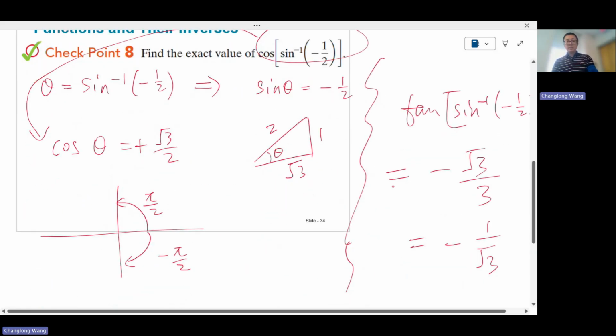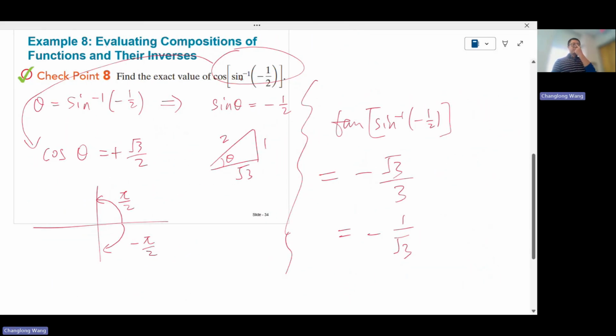But sometimes you might have to deal with something very similar, but you have sine inverse of a negative thing. So everything works out the same way, except that people get a little bit stressed out since they see sine theta is -1/2, right?